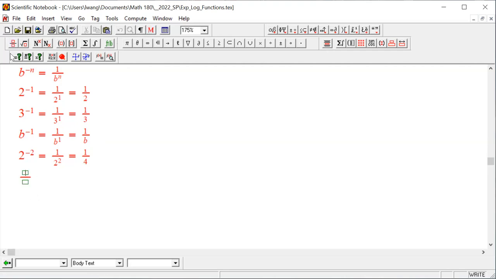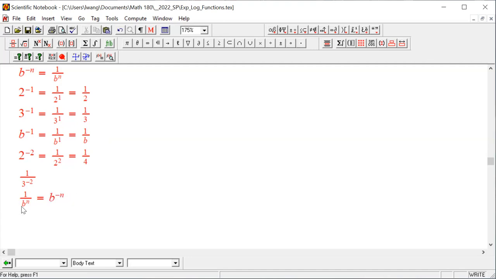What is 1 over 3 to the power of -2? Let's write it this way, right? What would that be? You can pause the recording and try it yourself. Well, if you look at this form, I'm going to put it in this order.